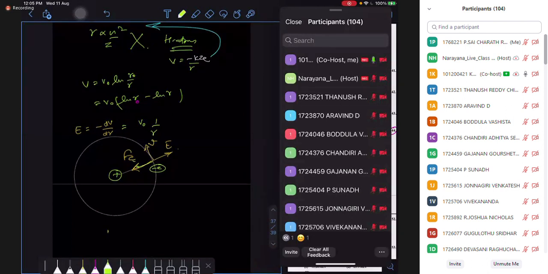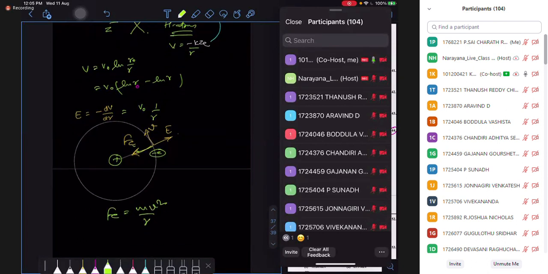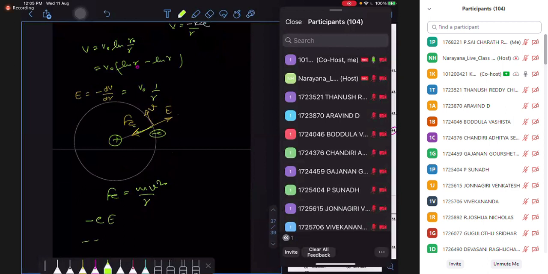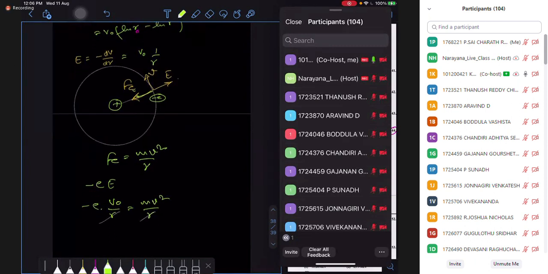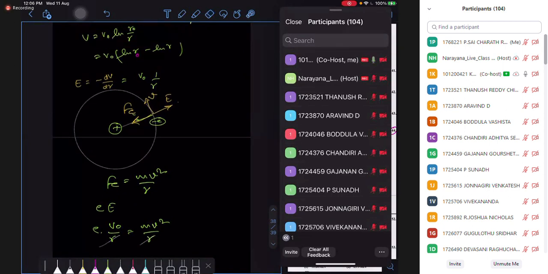So we can say electrical force is equal to mv square by r, and force value is minus eE. E value we had derived, it's potential by r, and mv square by r. Oh, r is cancelling. We want R only, and R is cancelling here. No problem. Sorry, we are only comparing magnitudes. Magnitude is in comparison.